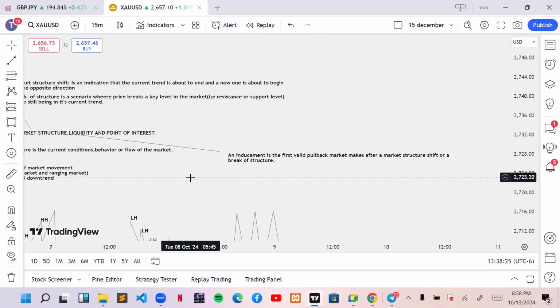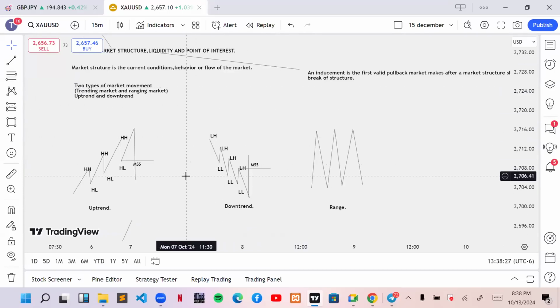Now, what do I mean by this? Once market has triggered a market structure shift or a break of structure, there's going to be a pullback close to where markets either shifted structure from or broke structure from.